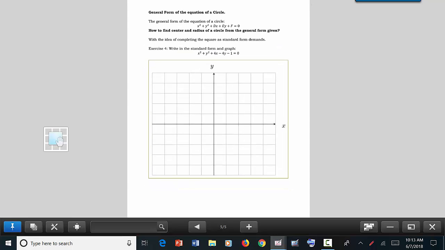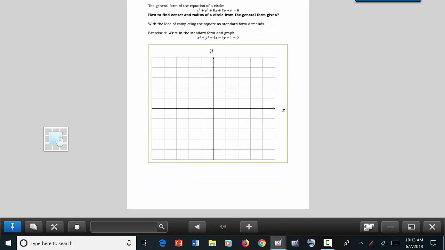Let's go over the problem here. So x squared, I'm going to bring all the x terms together, plus 4x, and the y terms together, plus y squared minus 4y minus 1, this equals 0.